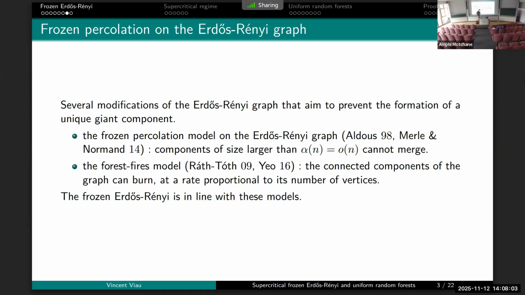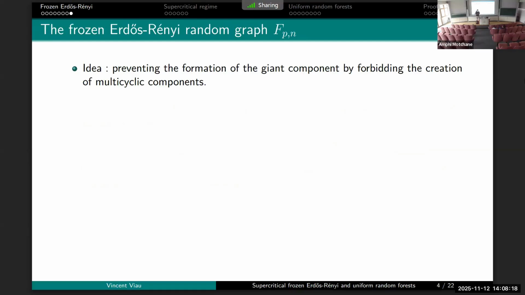Okay, so we aim to introduce a model which is in the same direction as these two models, but we follow a different way.